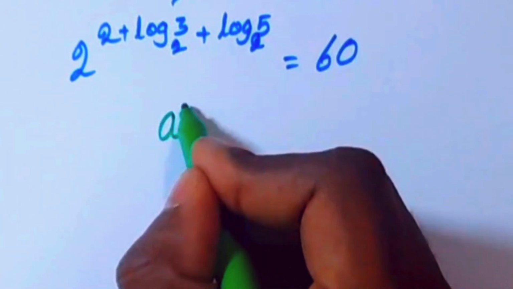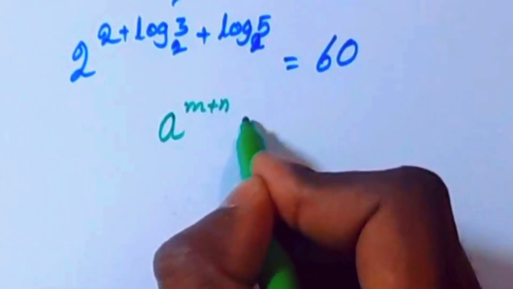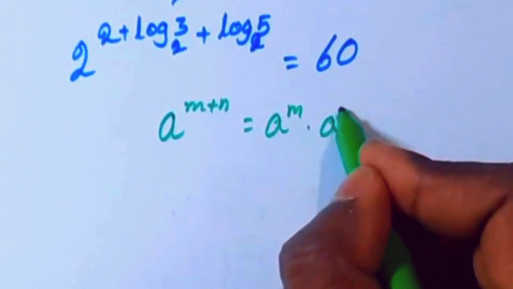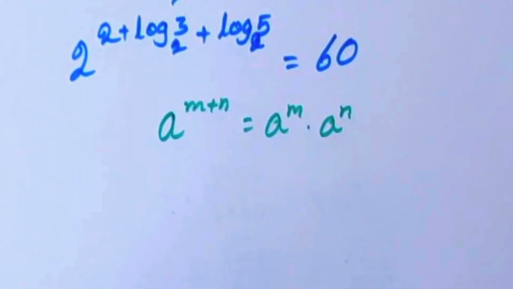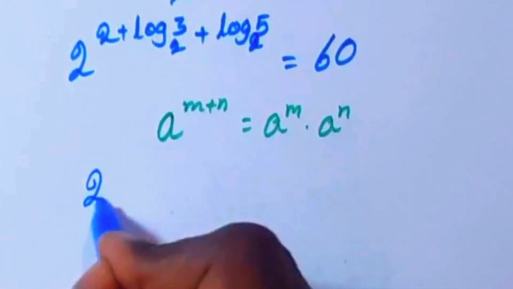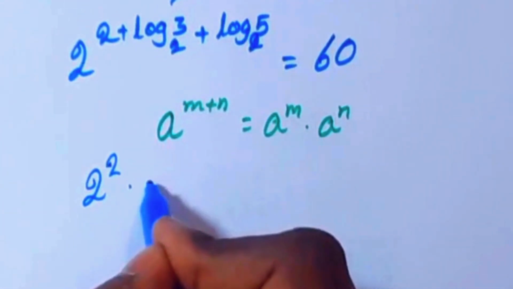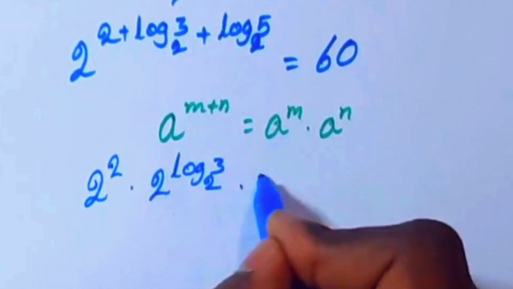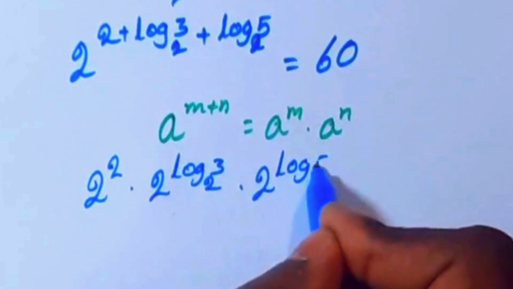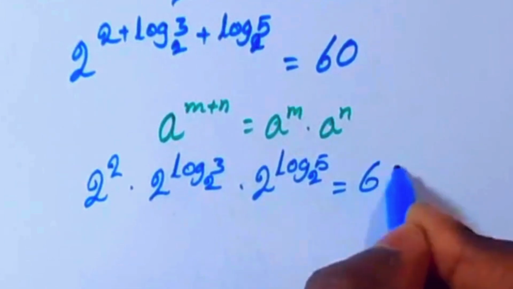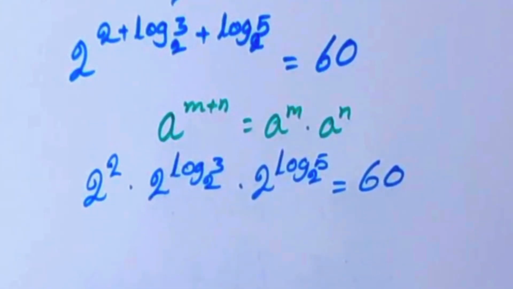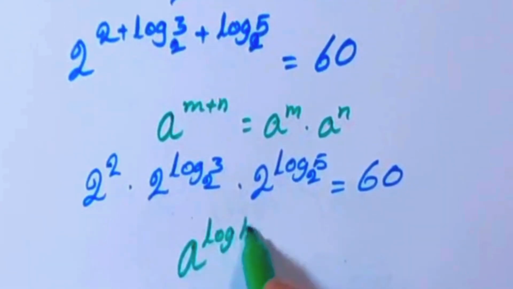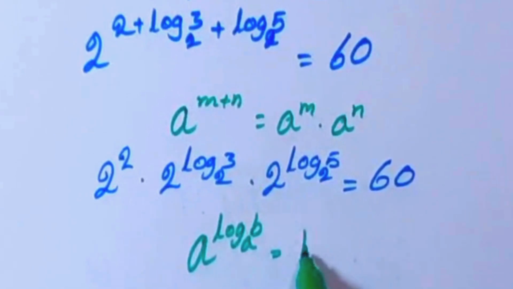Exponent identity: a power (m plus n) equal to a power m times a power n. So we are going to implement this here. So 2 power 2 times 2 power log 3 base 2 times 2 power log 5 base 2 equal to 60. Now we are going to implement the identity a power log b base a equal to b.